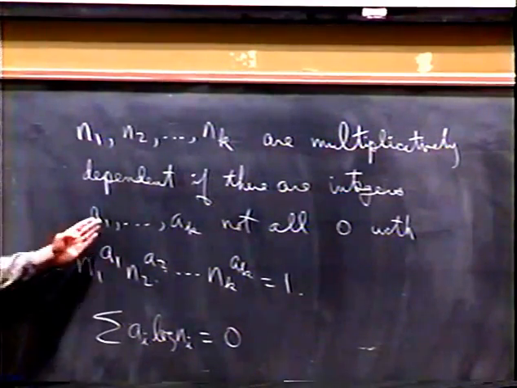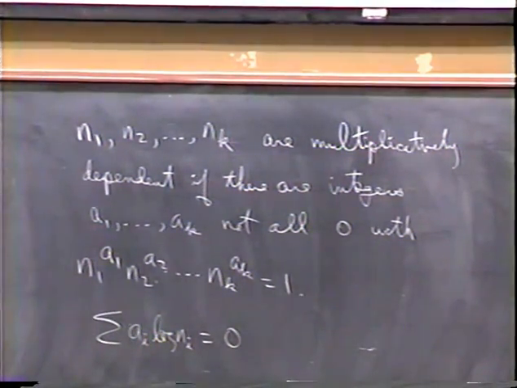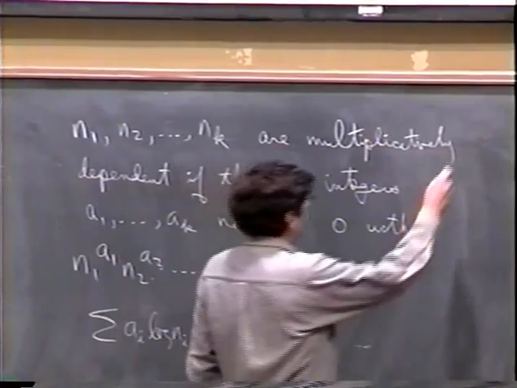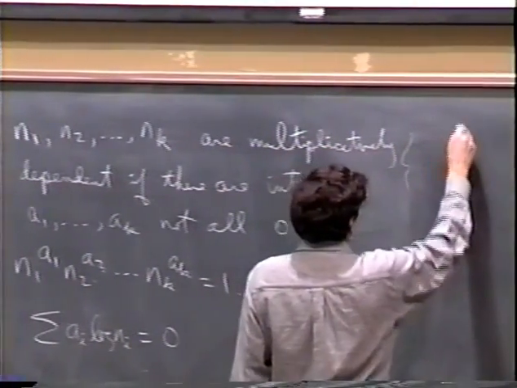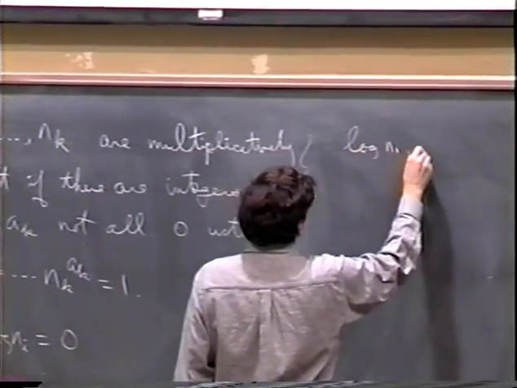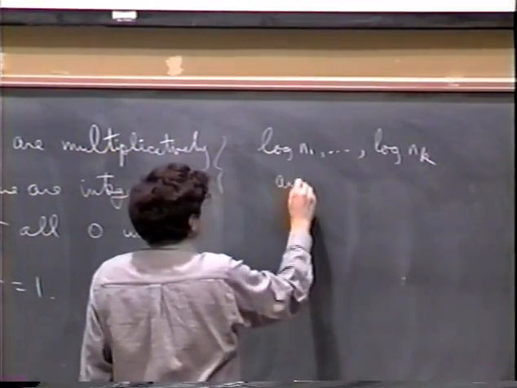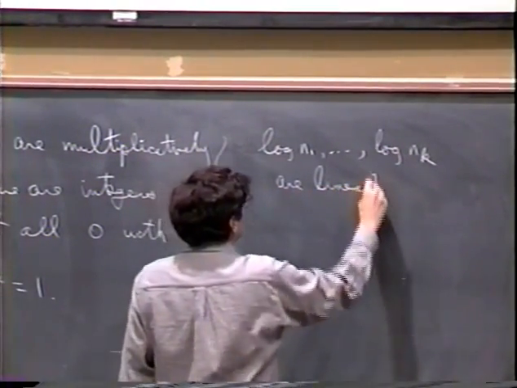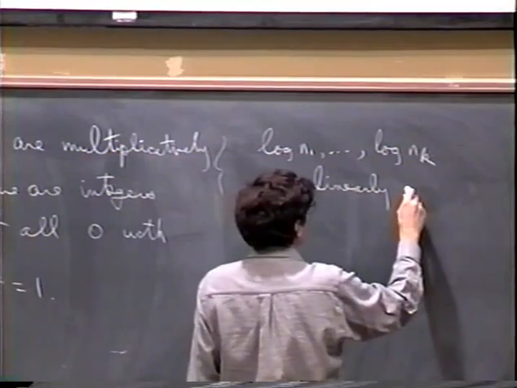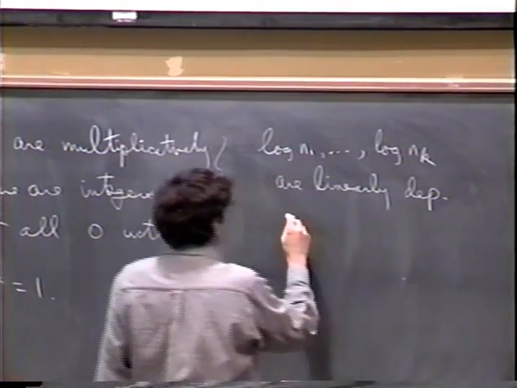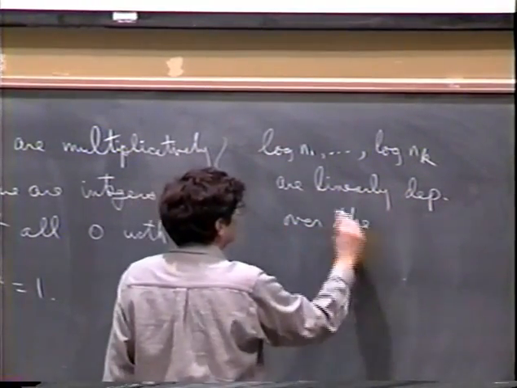Here I said integers, but you could clear denominators if you wanted to. So this says that log n1 through log nk are linearly dependent over the rationals.